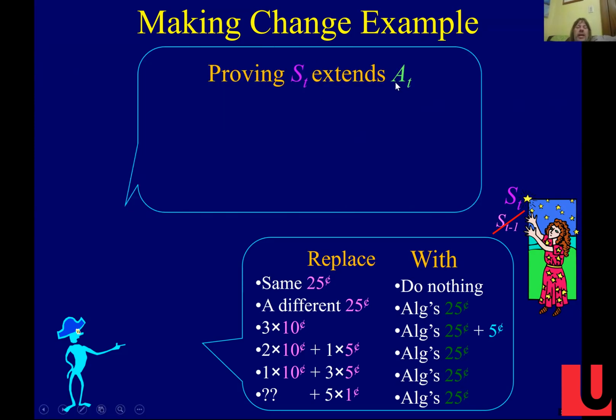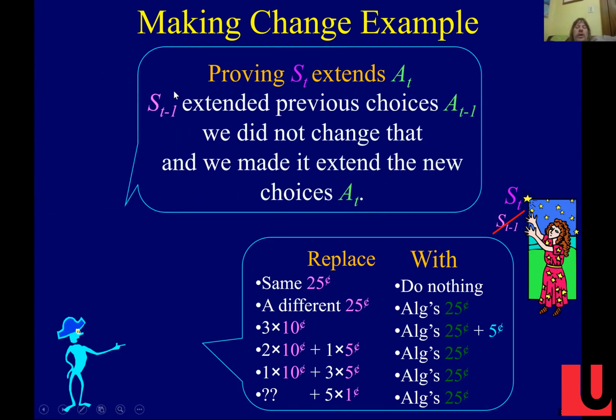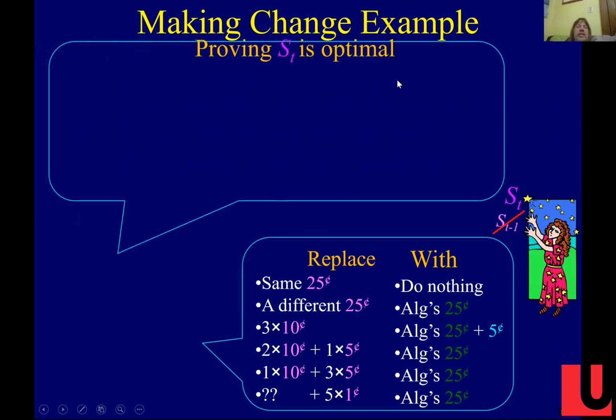Does it extend what the algorithm has done? Well, we made sure we were only talking about changing coins outside of the A_{t-1} coins, so we didn't mess that up. And we made sure that it committed to the new coin. So S_t does extend A_t. Now we need to prove that S_t is optimal.